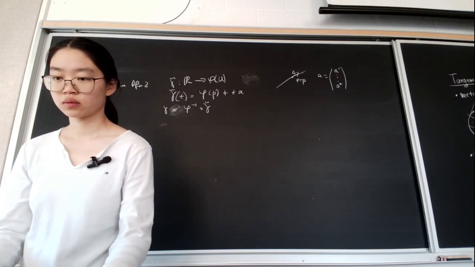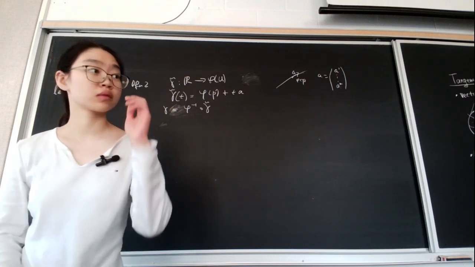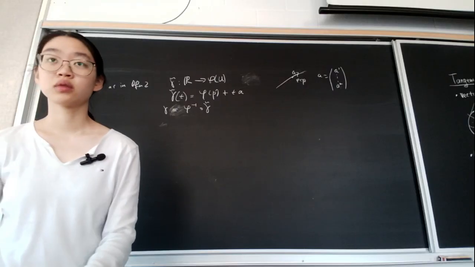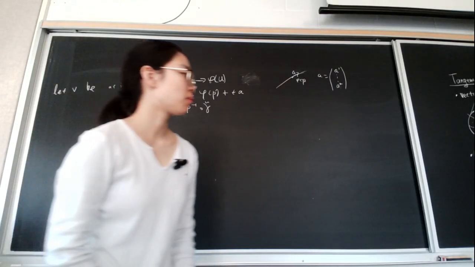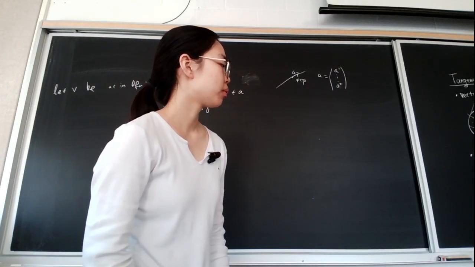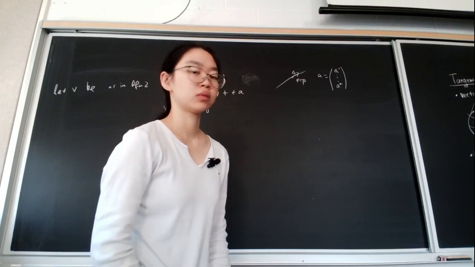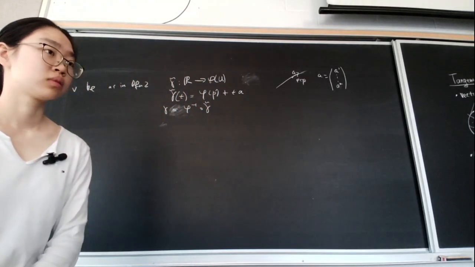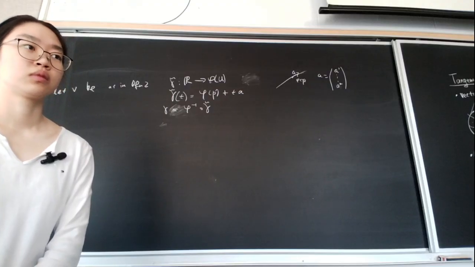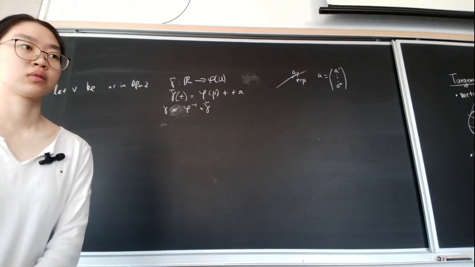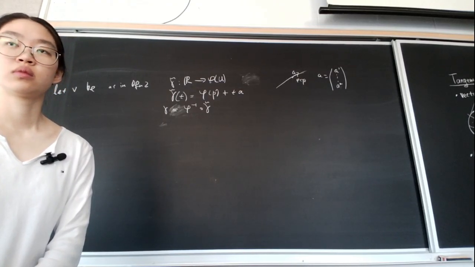For definition 1, is it significant that we only wrote R instead of Rn? It's not, because a function to Rn is really just a bunch of functions to R, so it's the same.